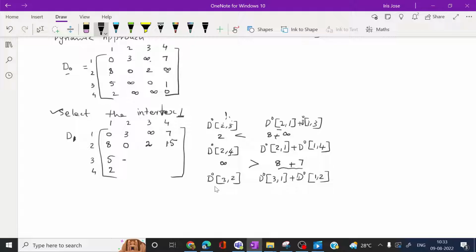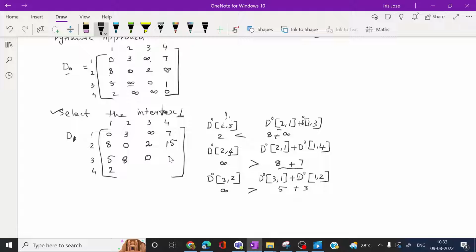So D0 3 2 is infinity, and 3 1 is 5, and 1 2 is 3. So 5 plus 3 is 8, which is lesser than infinity. So we will replace the infinity value with the value 8. Now for this diagonal element we need not find anything, so it is 0.